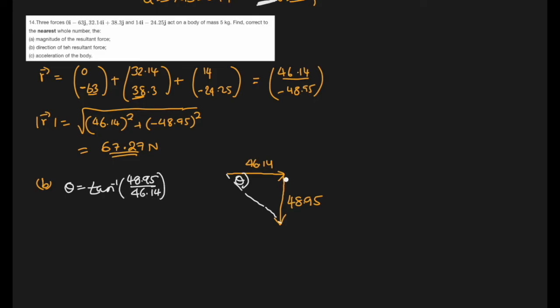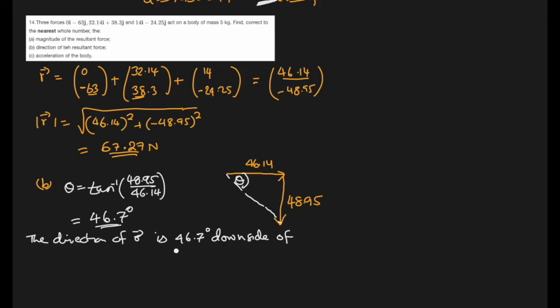Do not put negative because we have taken care by drawing it down. It comes out to be 46.69, 46.7 degrees. So the direction of the resultant force is 46.7 degrees downside of the positive x direction. All right, this is the answer.